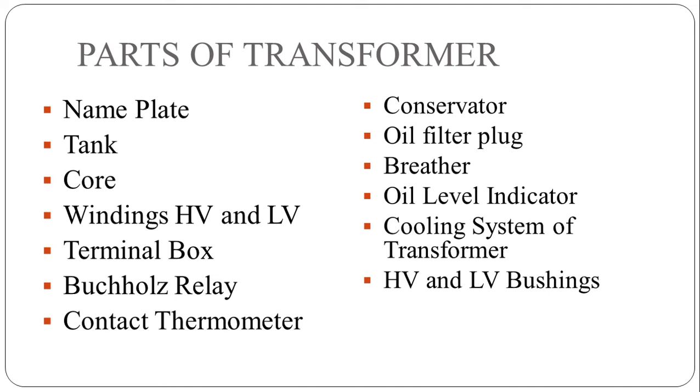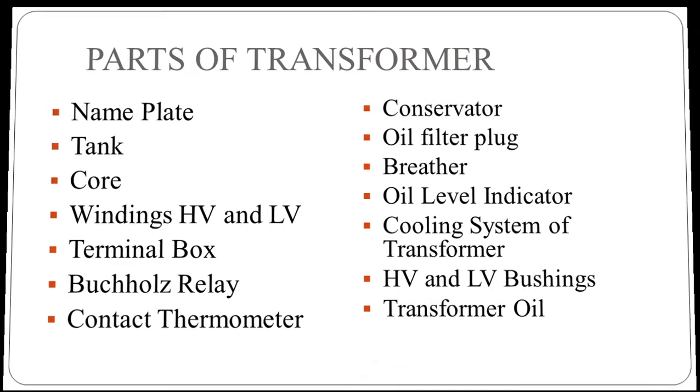They are used to apply input and take out output from transformer. Next is transformer oil. It is paraffin or naphtha based oil, performs the function of insulation and cooling inside the transformer. Now we will locate all these parts on the practical transformer.